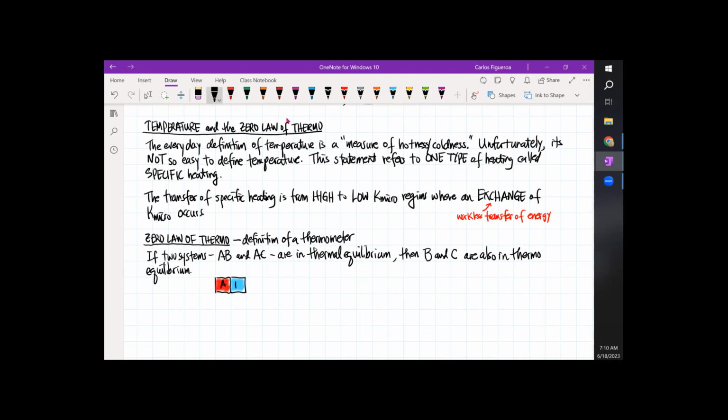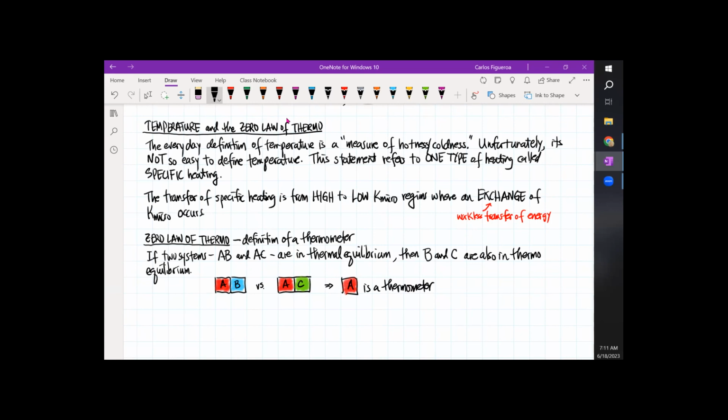So this is A, this is B. And then what I'm going to compare them to is another block system where, again, here's A, and then this one here is C. So this is A and C. So if these guys are in thermal equilibrium, then it implies here that block A is a thermometer.